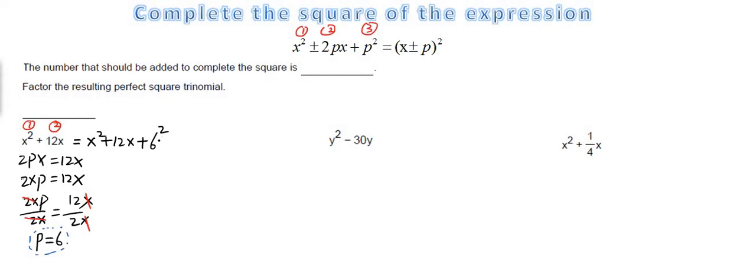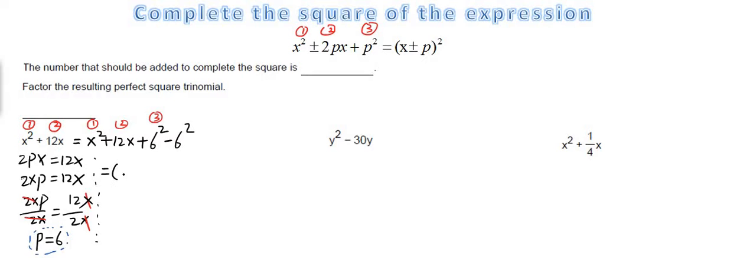When you add 6 squared here, of course you need to subtract 6 squared here. So now it satisfies the formula. We have 3 terms, right? And the most important thing is we found p equals 6.